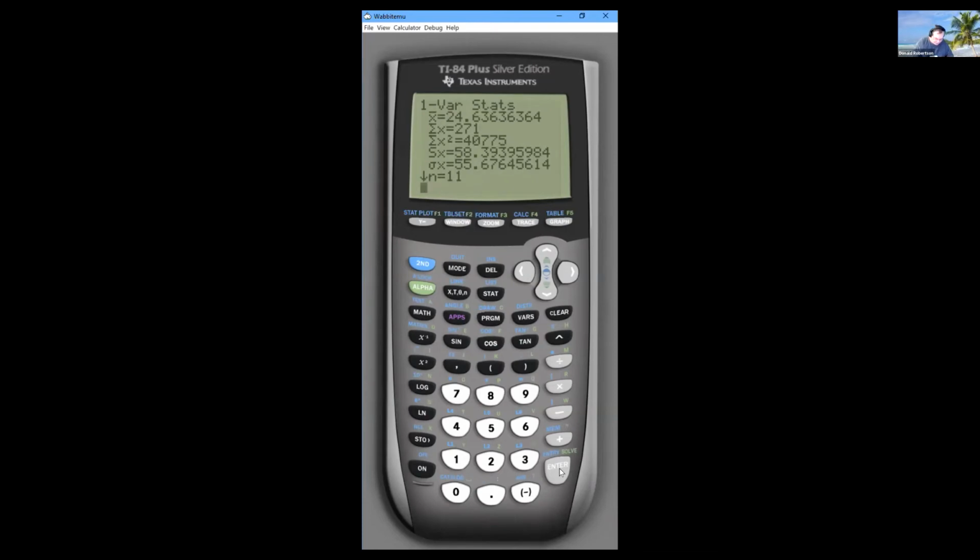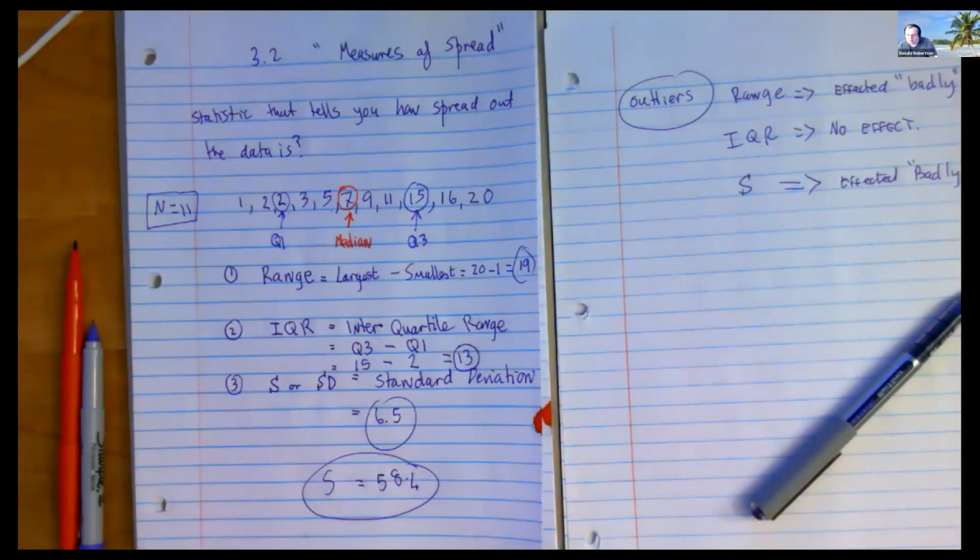Wasn't even close. The standard deviation without that outlier was just a kind of normal value, 6.5. You stuck in one huge outlier and it's 58.4.